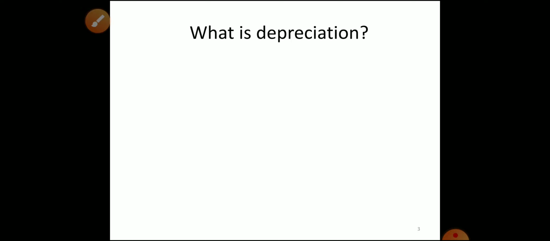No, obviously no, because the motorcycle deteriorates with respect to time because of wear and tear. So we won't get rupees 80,000 after 15 years. We'll get, let us say, 5,000. So in 15 years, the value of the motorcycle has been reduced from 80,000 to 5,000. This is what we call depreciation.